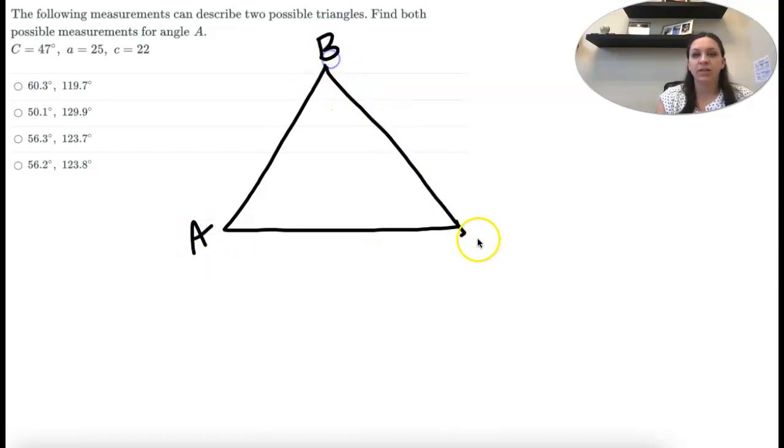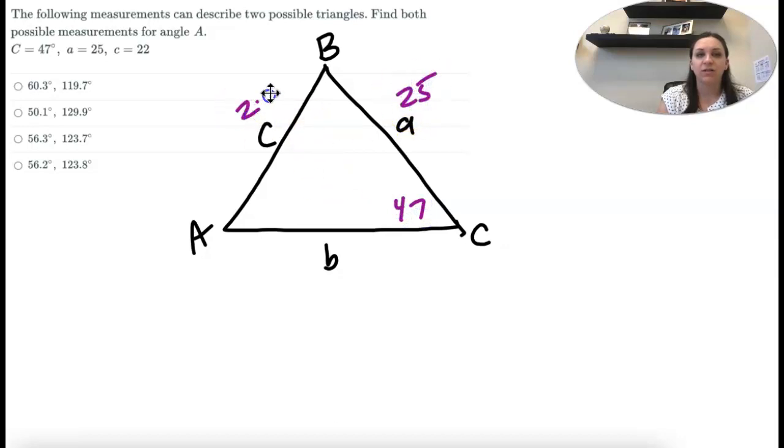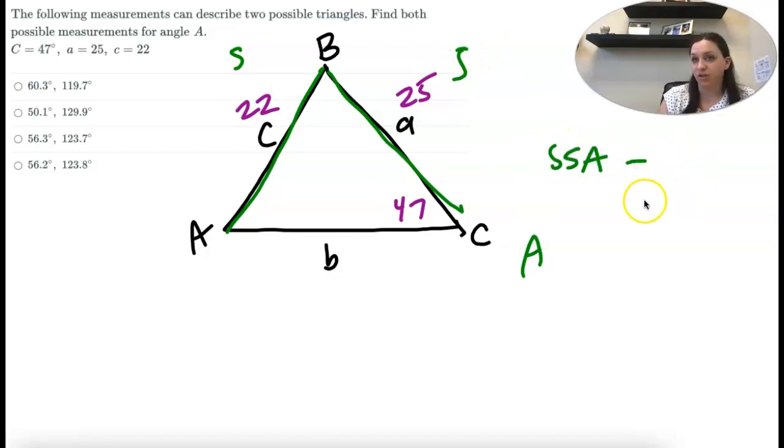A, B, C, side A, side B, side C. So we have a 47-degree angle, a 25 side, and a 22 side. So we have a side and an angle. SSA. This is the one that creates multiple answers when we're dealing with law of sines.